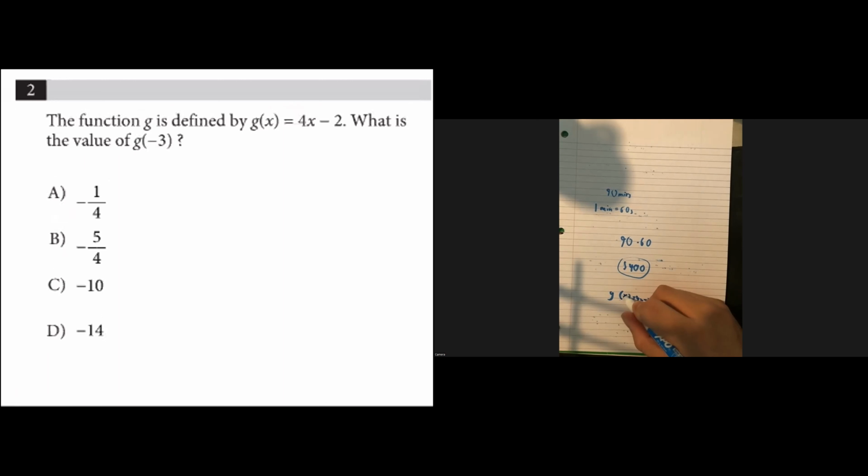So using the normal function rules, we would just plug in -3 for x. So 4 times -3 minus 2. That's -12 minus 2. That's -14, which is just answer choice D.